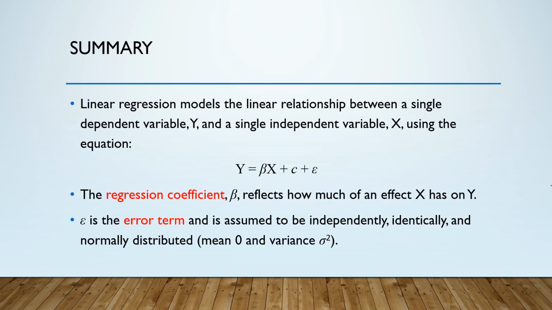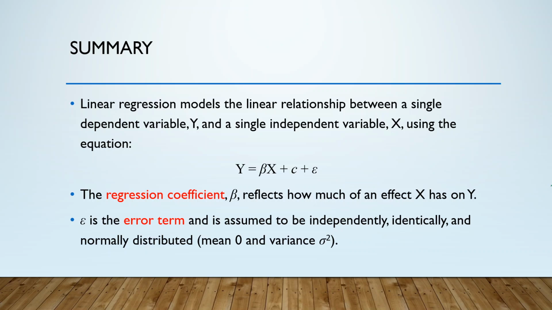So the summary we can draw here is that linear regression models the linear relationship between a single dependent variable y and a single independent variable x using the equation y is equal to beta x plus c plus epsilon. The regression coefficient, that is the beta, reflects how much effect x has on y, that is how much dependency y has on x.